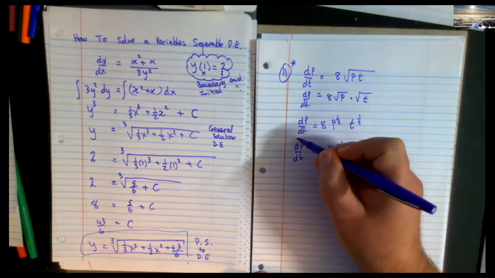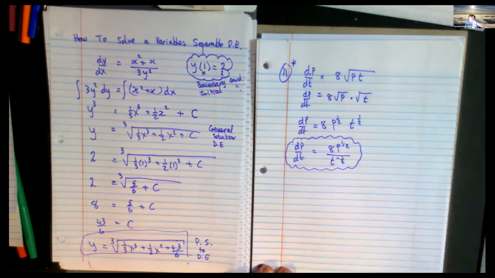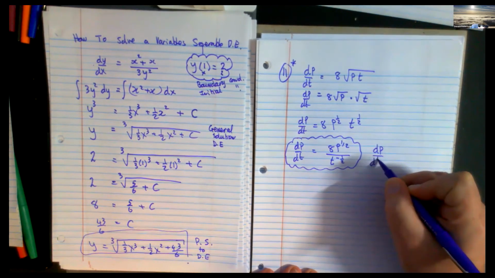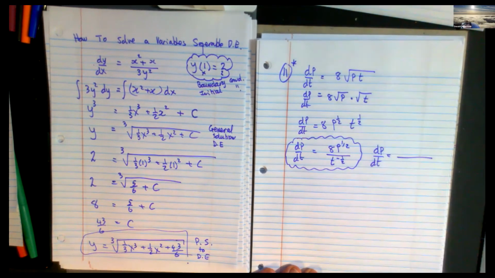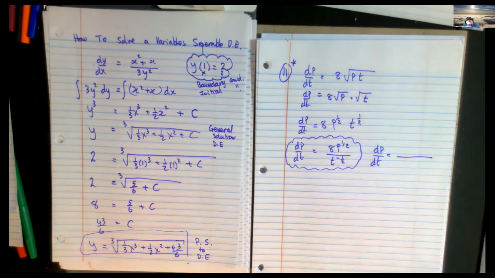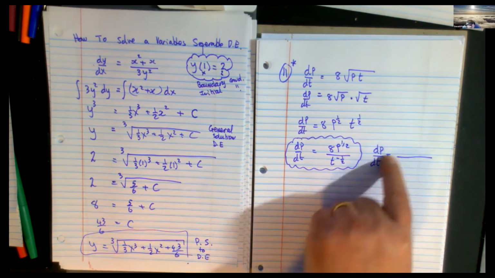This, although it is a fraction, is the wrong fraction. Shouldn't there be t's on the top and p's on the bottom? Right? P's on the bottom, t's on the top.